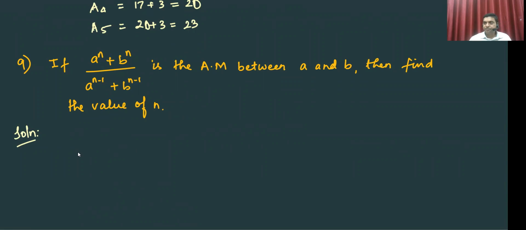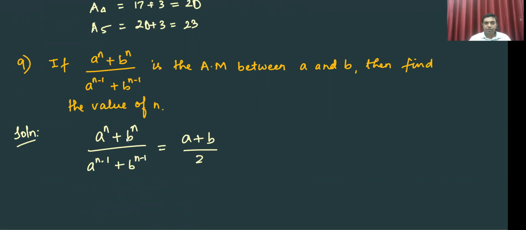What's the answer? So 1. Yes, 1. Because you have to compare this with the AM between a and b, which is a plus b by 2. You can cross multiply and do other things also.